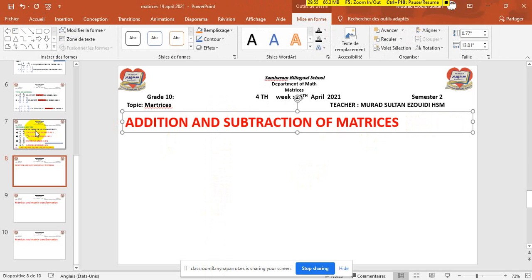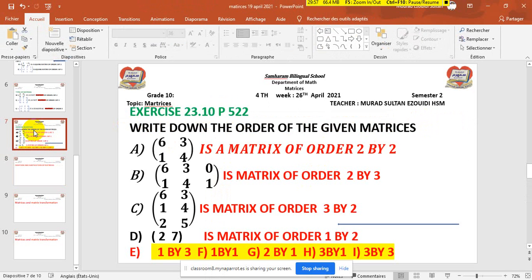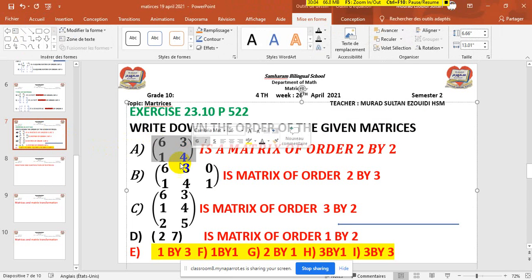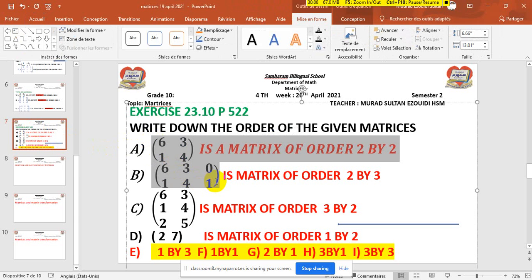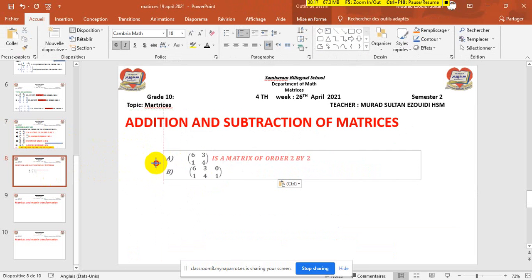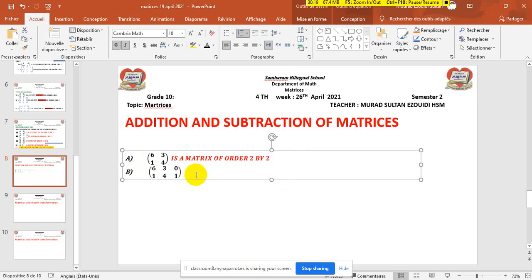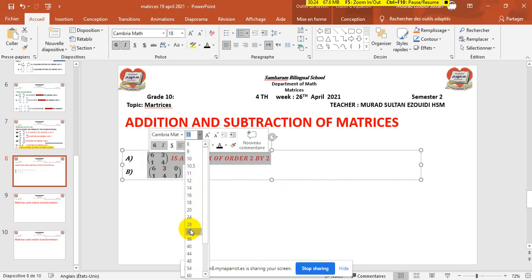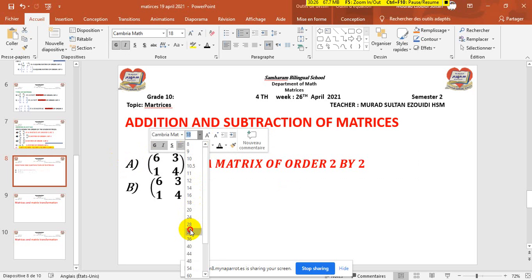Now, my daughters, I will give you an example. I will do both. Okay, 20, 30, 30, 30, 30. It's clear.